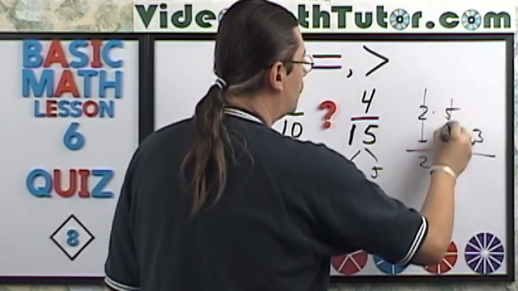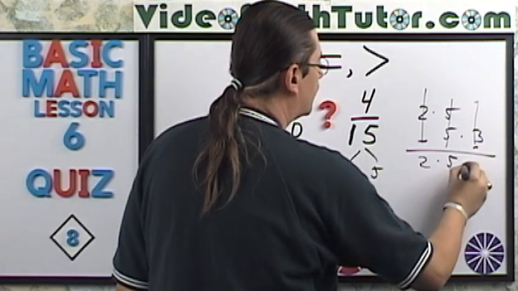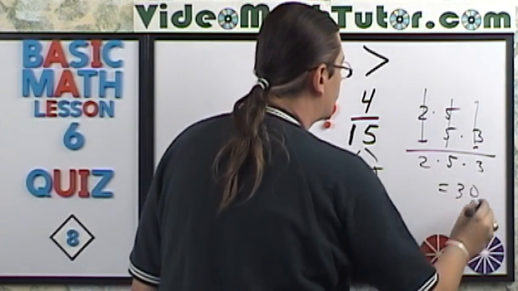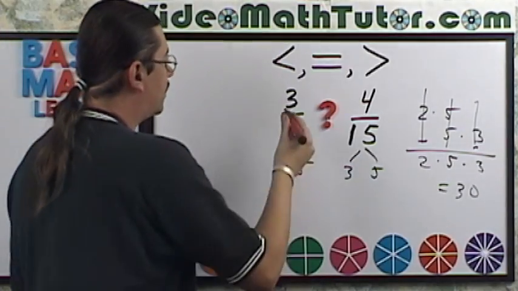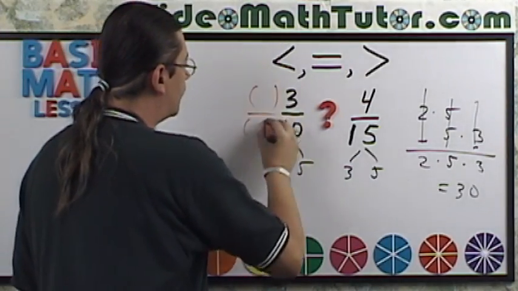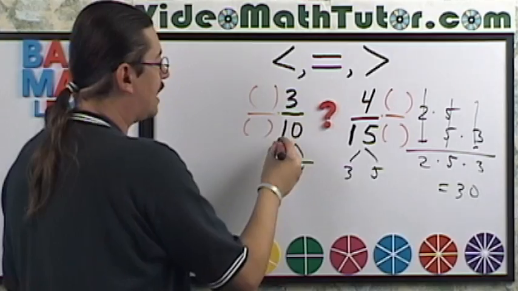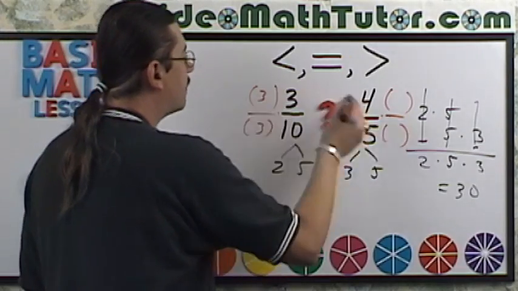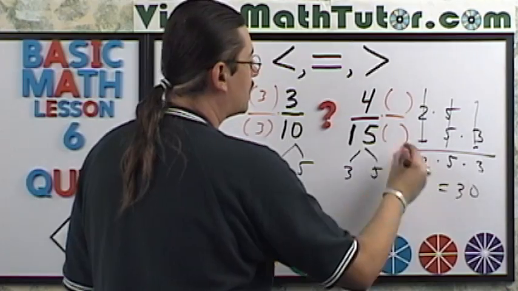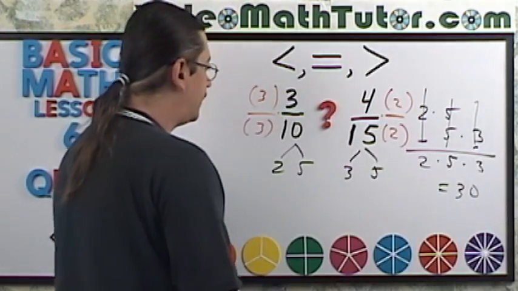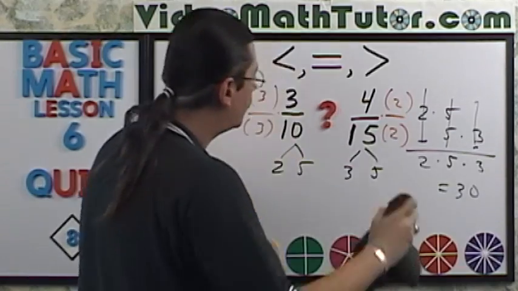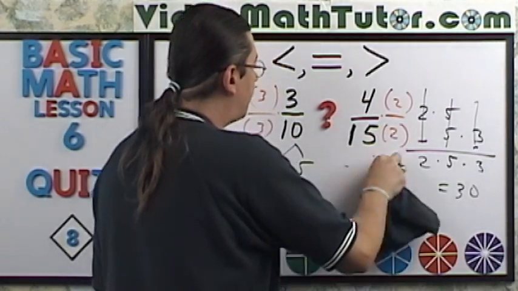So it's going to be 2 times 5 times 3, which is 30. Aha! So let's create the blank fractions here. Let's squeeze one over here. 10 times what is 30? 3. 15 times what's 30? 2. So let's go ahead and erase this part right here so we have a little more room.